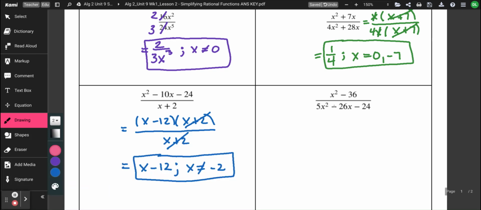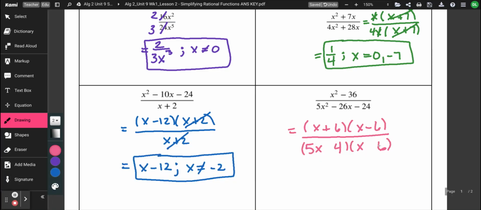Okay, on the next problem, this is a difference of squares, and so this is going to give us x plus 6 and x minus 6. Okay, and when I look at this denominator, I need to factor that out. And I'm guessing that x plus 6 or x minus 6 is probably going to be one of these. Even if it isn't, I'm definitely going to want to check that, just because that would make my life easier if something will cancel. And so if I have to have 2 factors that equal 24, if I plug a 6 in, I have to have a 4 here, and then I need to check and make sure that my b term is correct.